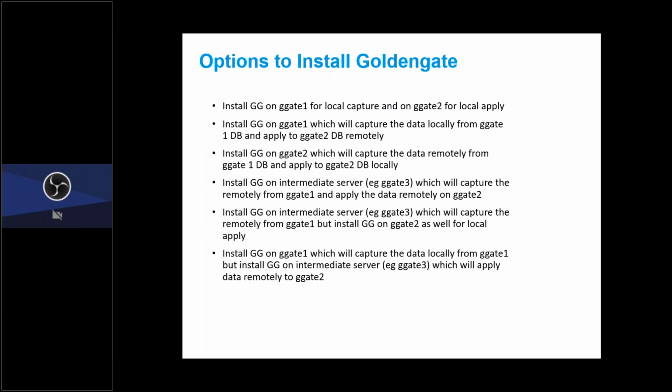So now, what are the different options to install Oracle Goldengate? Like we installed Goldengate on Ggate1 and Ggate2 separately. Where should we install Oracle Goldengate? The question comes, is it mandatory to install Goldengate on both Ggate1 and Ggate2 like we did?